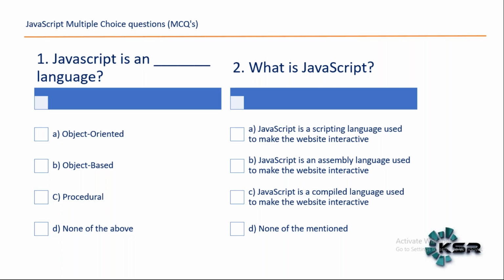I'll give you a few seconds to recollect what the language is about. And the second question: what is JavaScript? Is it a scripting language, an assembly language, a compiled language, or none of them? I'll give you a few seconds, just recollect, and then let us see the answer.